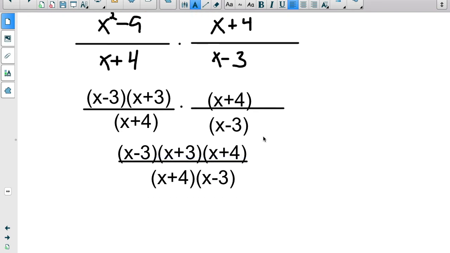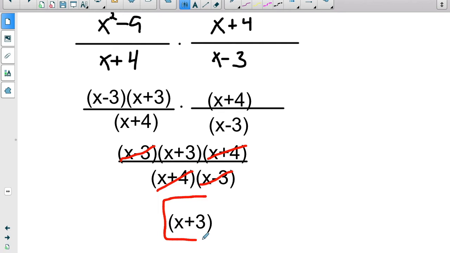At this point, we can simplify out what's in common on top and bottom. x minus 3 and x minus 3 would cancel, and x plus 4 and x plus 4 would cancel, leaving us with x plus 3. And that there is our answer. So this is the final answer.